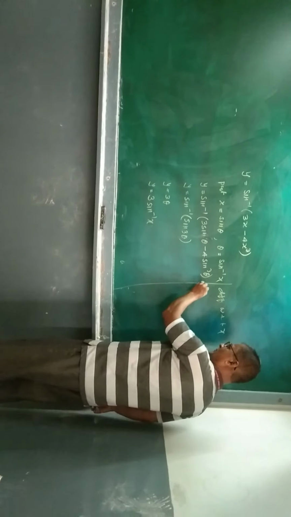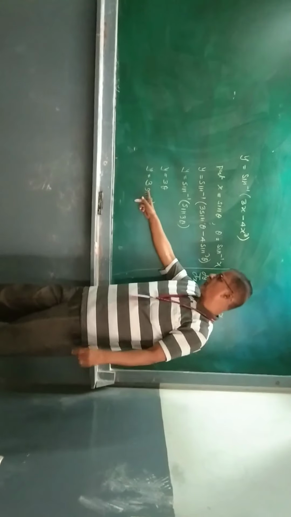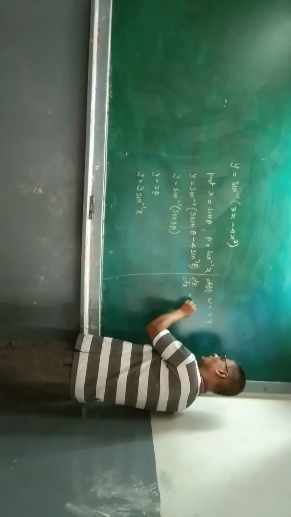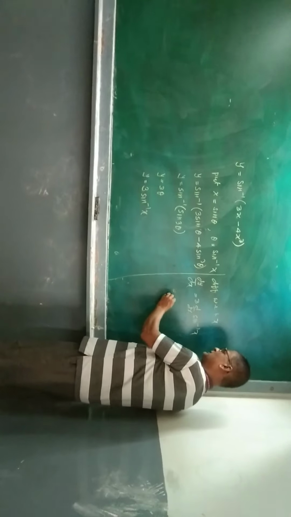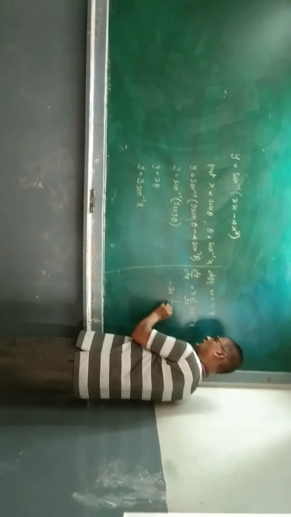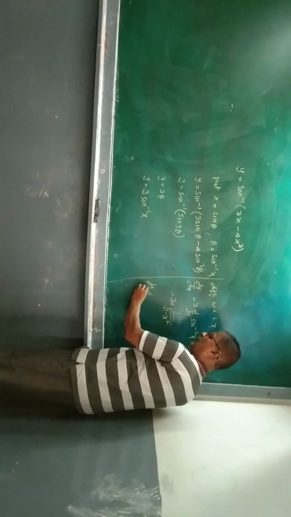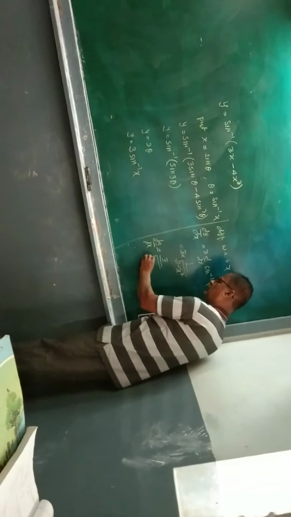The derivative of y with respect to x is equal to 3 into the derivative of sin inverse of x, which we have studied, that is 1 upon under root of 1 minus x square. So dy upon dx is equal to 3 upon under root of 1 minus x square. And that is the final answer of the derivative.